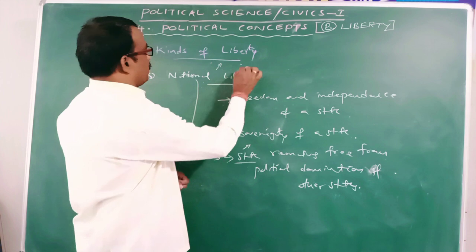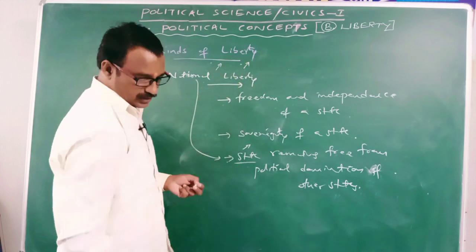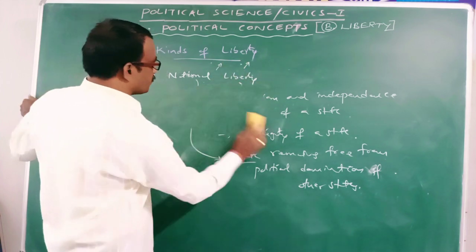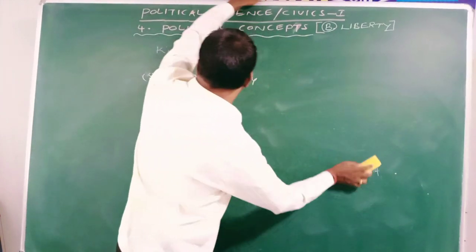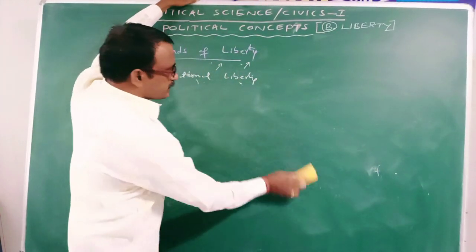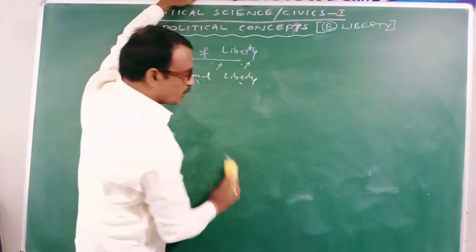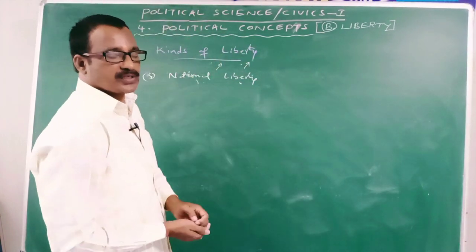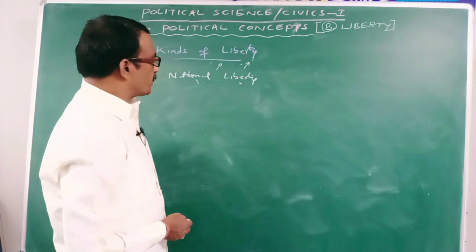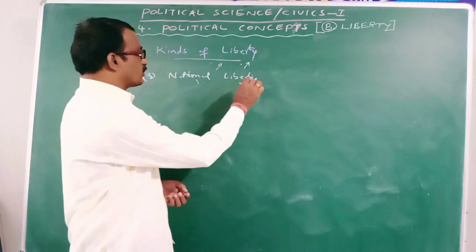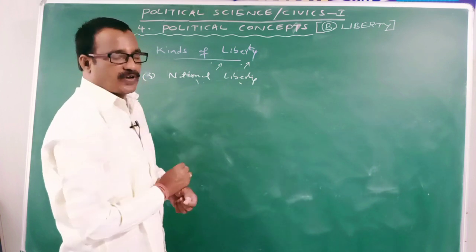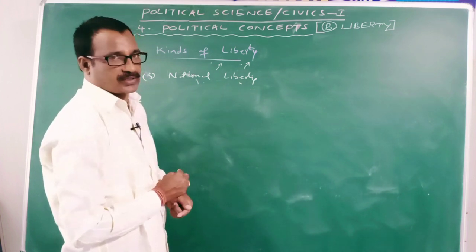Every state must have national liberty. It is very essential to every state, because with national liberty states can achieve progress in all spheres, in political sphere, in social sphere, in economic sphere, whatever it may be. Clear?